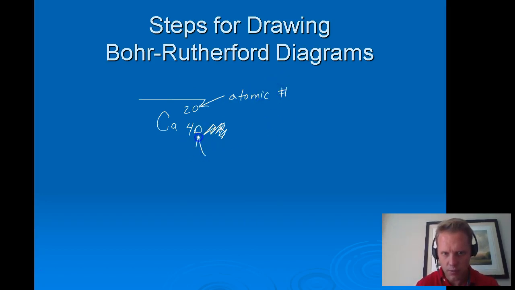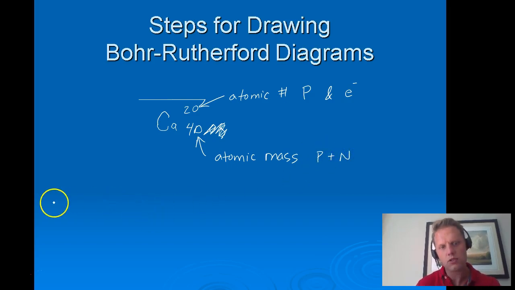The larger number is the atomic mass. The smaller number represents the amounts of P's, protons, and electrons, okay, when it's neutral. Atomic mass is actually from the P's plus the N's. So what I'm going to do first here is figure out how many protons we have and how many neutrons we have before we even start.